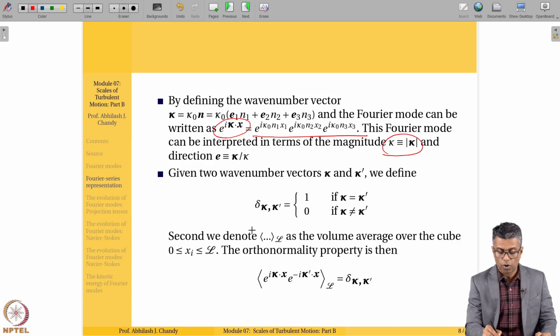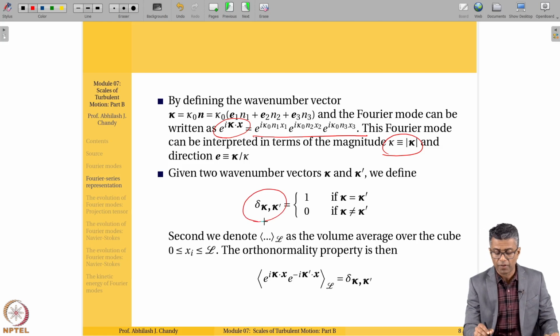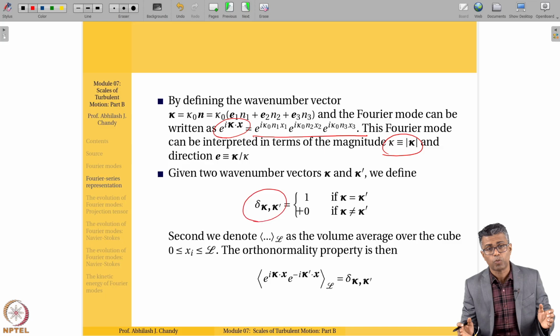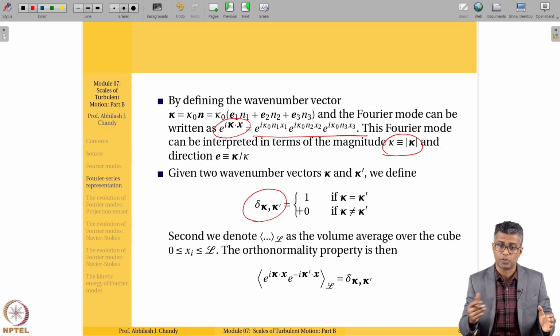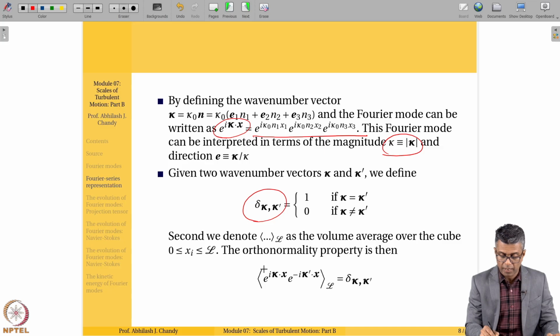Okay, great. The Kronecker delta is defined as follows: delta of kappa, kappa naught is equal to 1 or 0, and it is 1 when kappa is equal to kappa naught, and it is 0 when kappa is not equal to kappa naught. That is the basic definition of the Kronecker delta. The orthonormality property we will recall here as the volume average, and that is this new thing that we are defining.